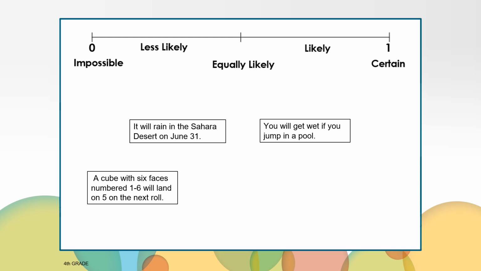A cube with 6 faces, numbered 1 through 6, will land on 5 on the next roll. Put your mark on the number line and write the number 5 underneath it.